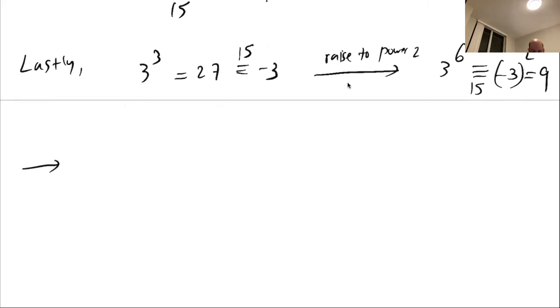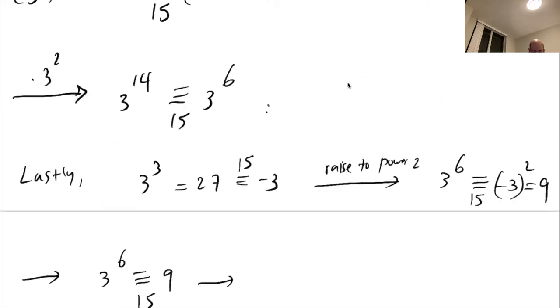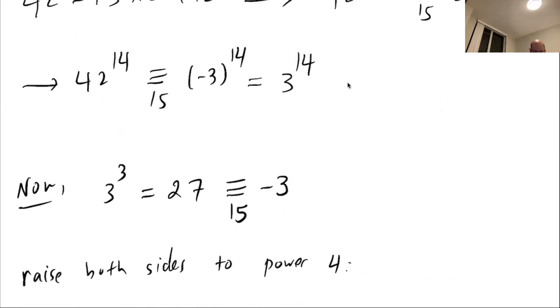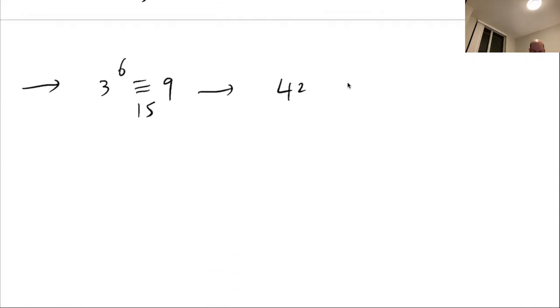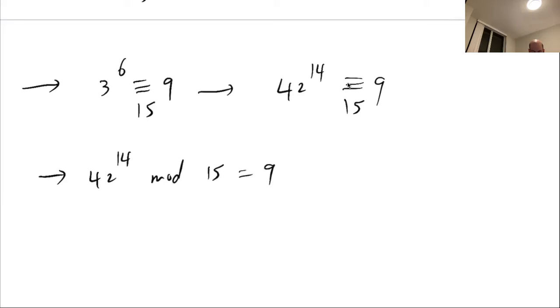So that means 3 to power 6 is congruent to 9. And that means this is the same as my original number, right? Mod 15, 42 to power 14. And this means 42 to power 14 mod 15 equals 9.